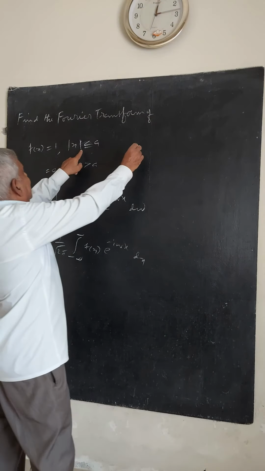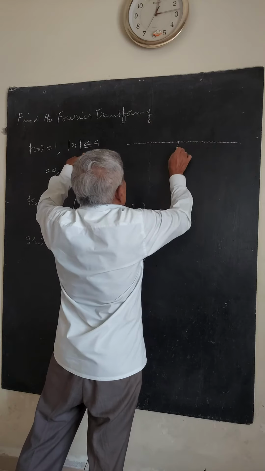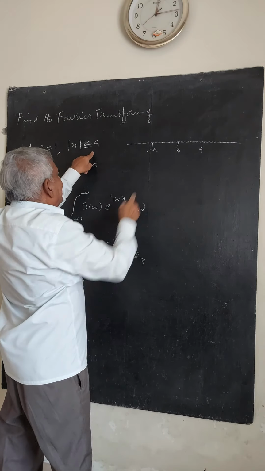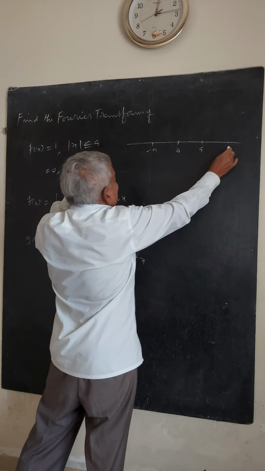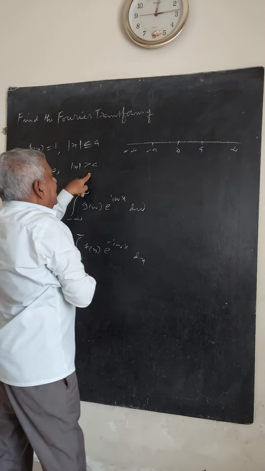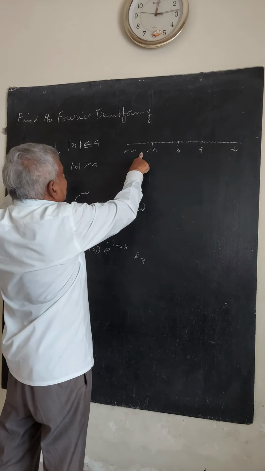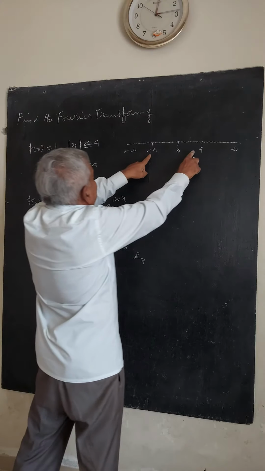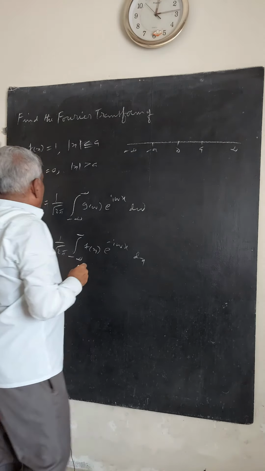The meaning of this first step is minus a to a: after a and below minus a, on the left side of minus a, wherever these two areas are, f of x will become 0. Between minus a and a, f of x will become 1.